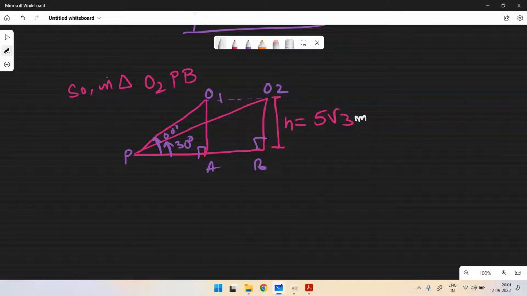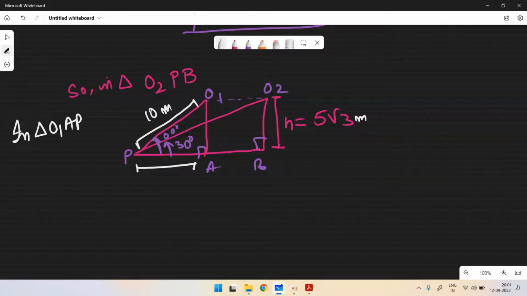Now from here you can calculate in triangle O1AP, which was already given as 10 meters. If you want to calculate the value of PA, how will you calculate this? This is with respect to 60 degrees. This is the base and this is the hypotenuse.